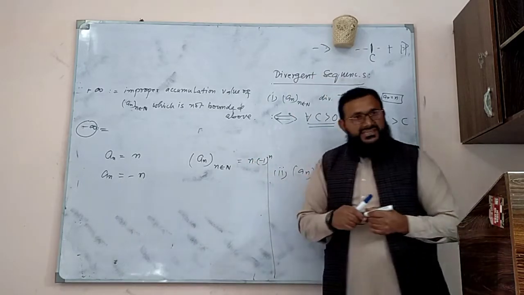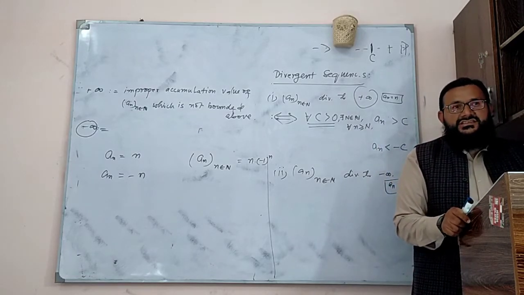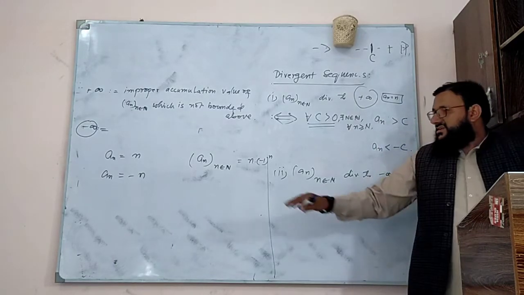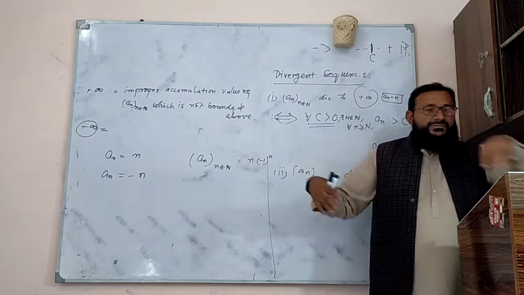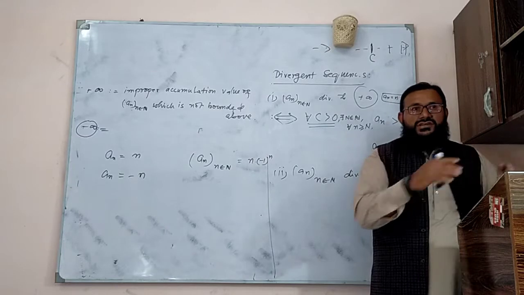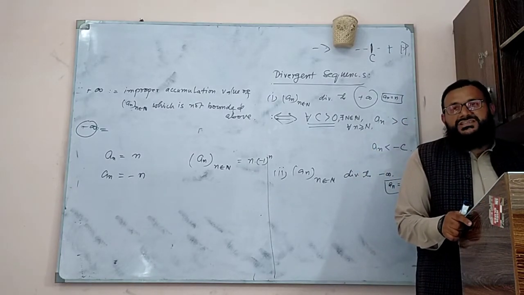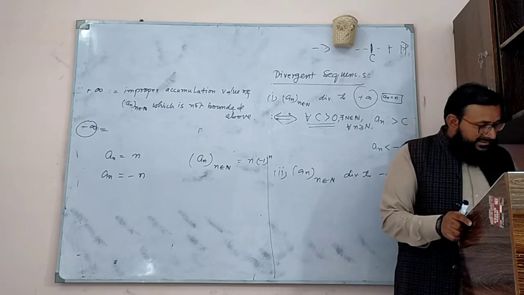What about this? Yes, it has two accumulation values, one is plus infinity, the other is minus infinity, because this thing increases in both directions: minus 1, plus 2, minus 3, plus 4, and so on. So it has two accumulation values. Both are improper, one is plus infinity and the other is minus infinity.